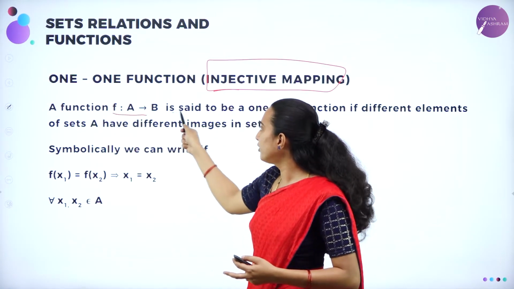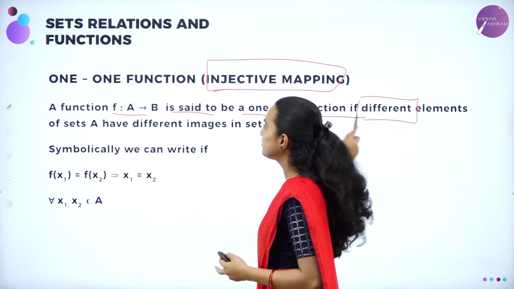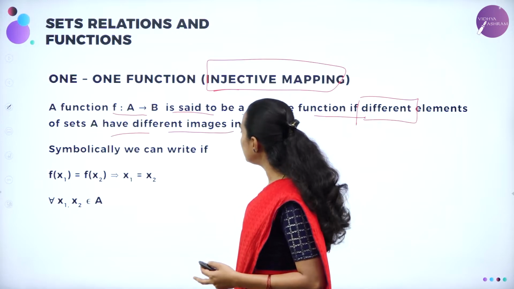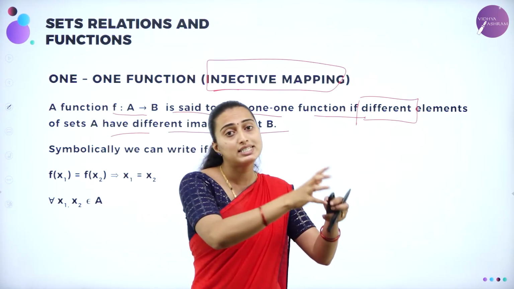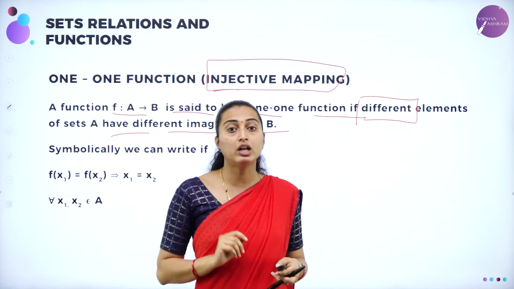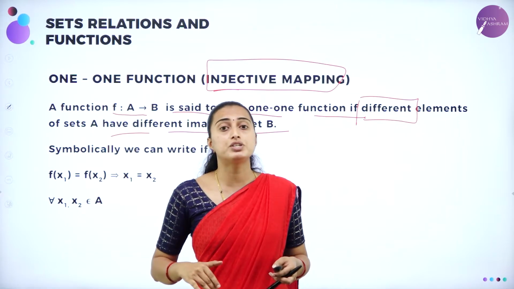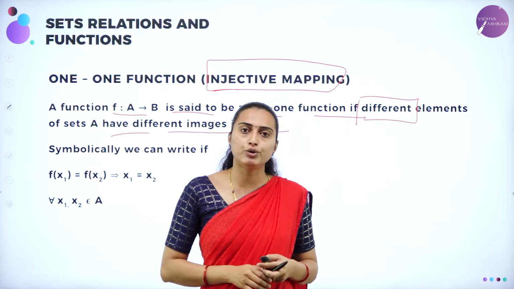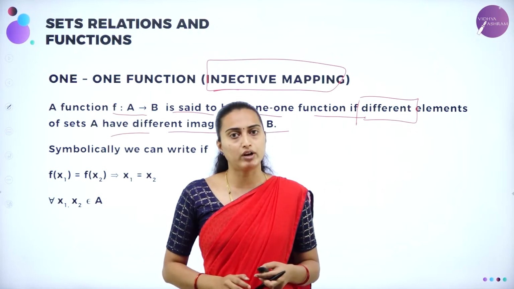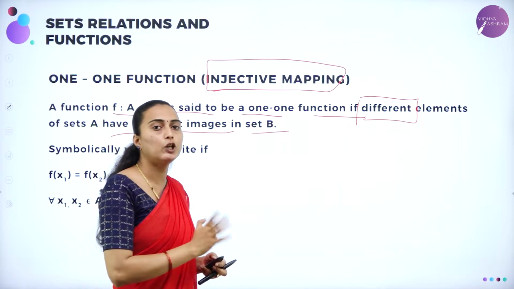A function f from A to B is said to be a 1-1 function if different elements of set A have different images in set B. Where different elements of set A have the same image in set B, it is many-to-one. Different elements of set A must have different, that is unique, images in set B. That is going to be known as the 1-to-1 correspondence, 1-1 function, injective function, or injective mapping.